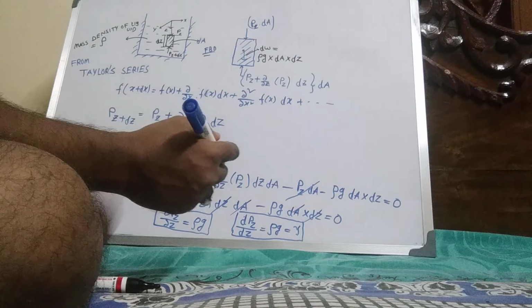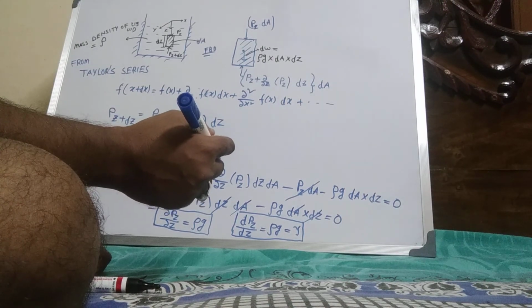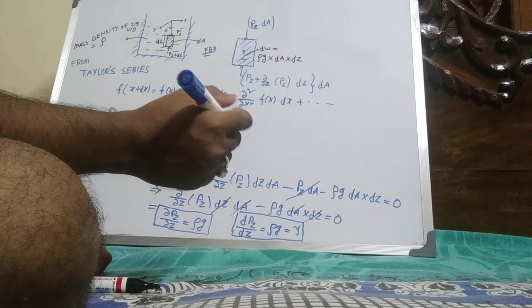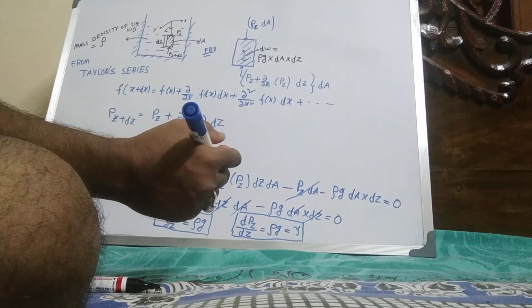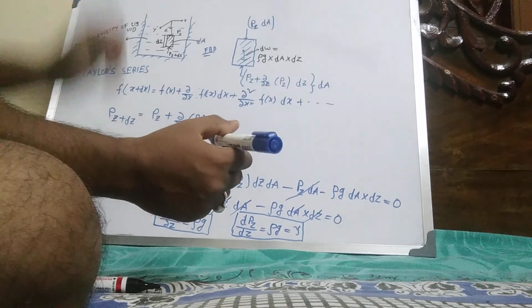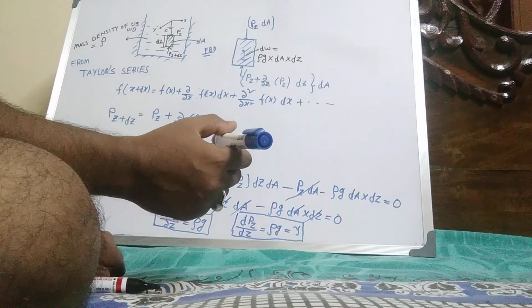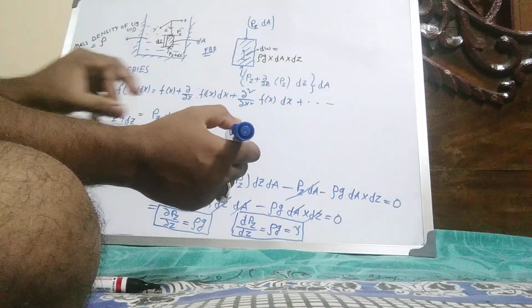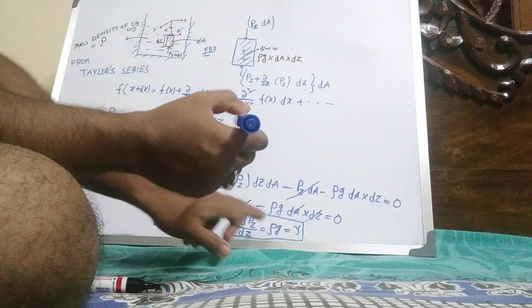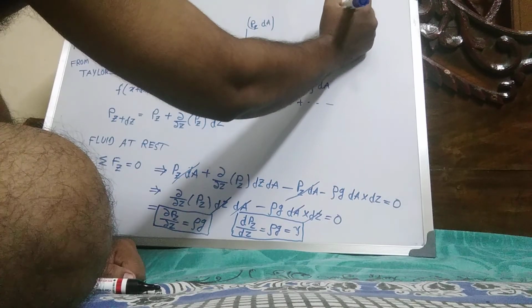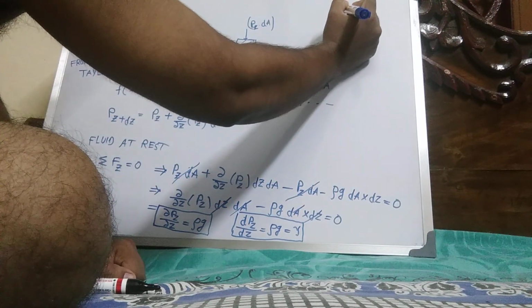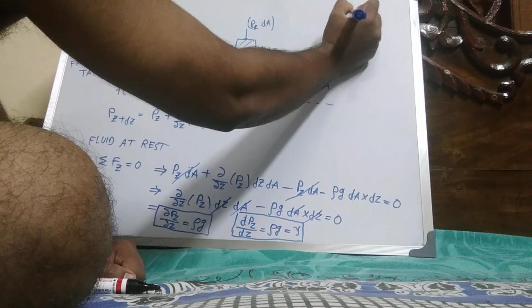And one time a question came in the ESI exam. There were 4 options. One is this option, another option is dP by dz equal to minus.